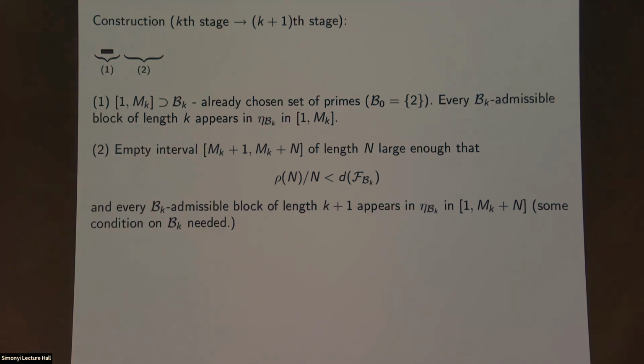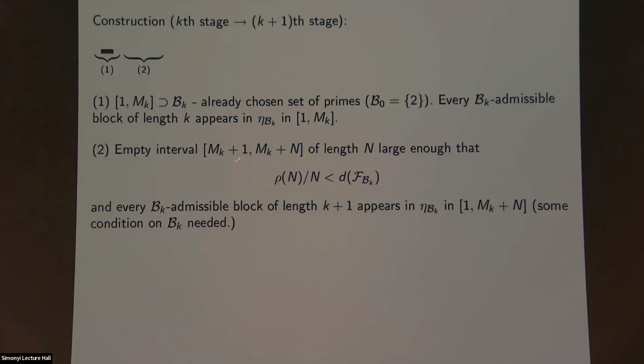You choose n large enough that this inequality is satisfied. Density of Fbk is positive because Bk is finite, so we can reach it.